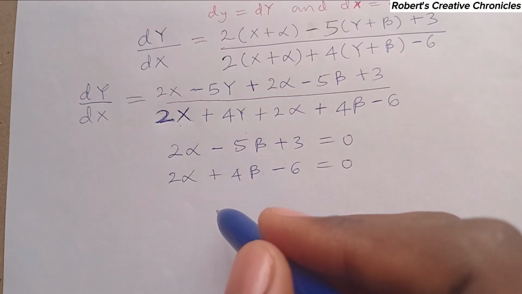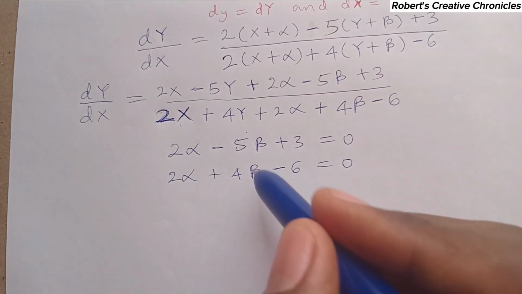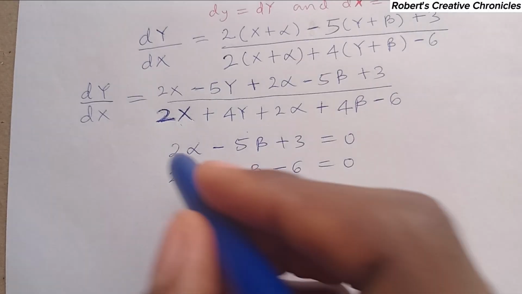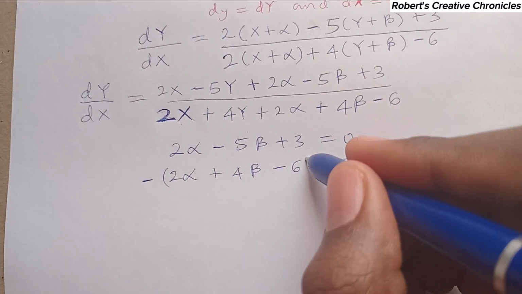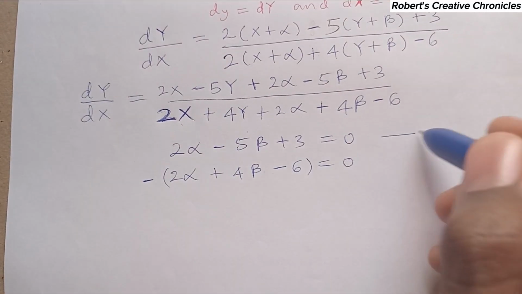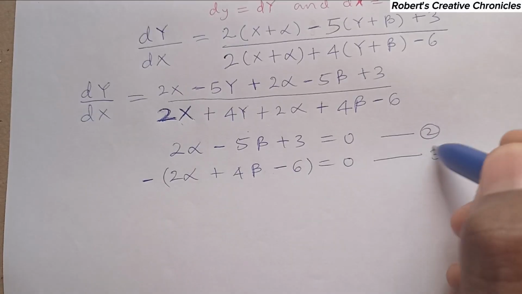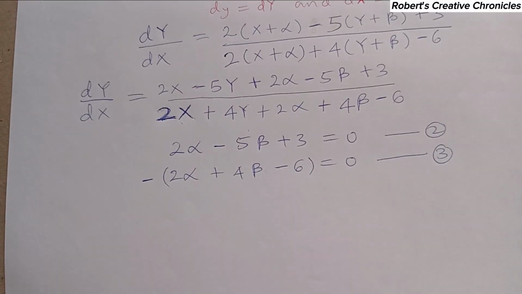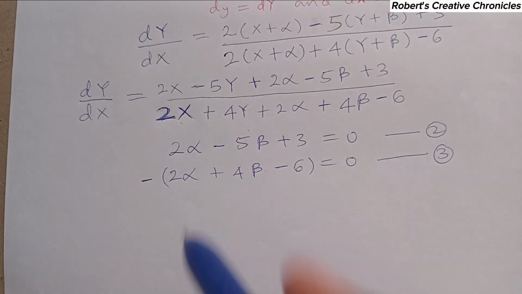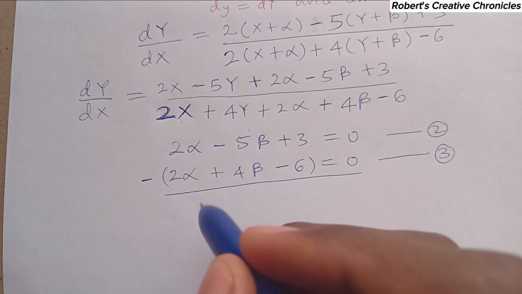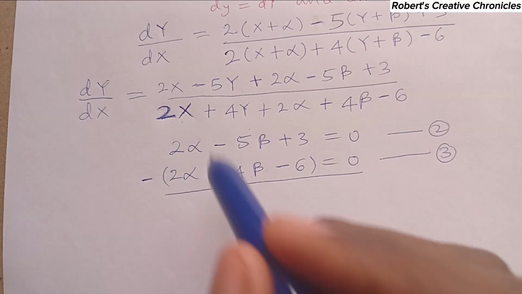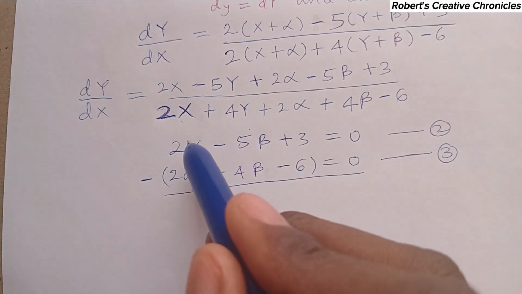Now for alpha and beta, let us use the elimination method to solve these two simultaneous equations. This one, let it be equation 2. This one, let it be equation 3. Let's subtract equation 3 from equation 2, to eliminate alpha first.